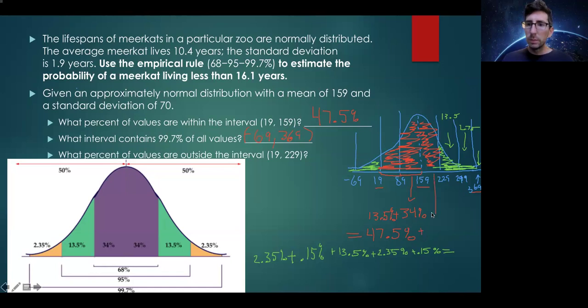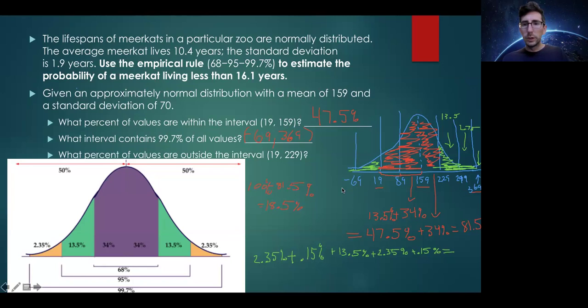So if we add this piece right here from the mean to one standard deviation above, that would be 34%. This would give us 81.5%, right? And then 100 minus our 81.5 would give us 18.5%. All right, these are percentages as well.